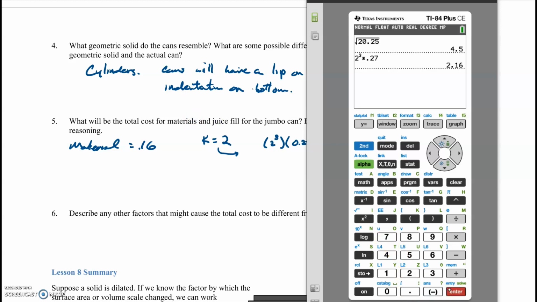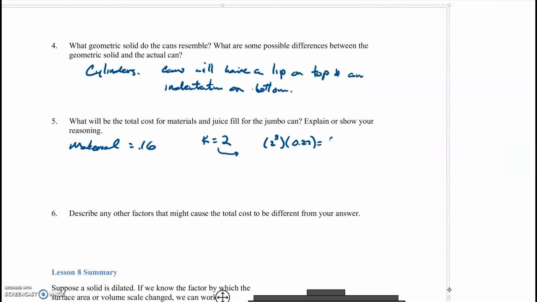And it will cost me $2.16 for the juice. So now the total for the materials and the juice is the $2.16 for the juice and the 16 cents for the can materials. So it will cost $2.32 for both.